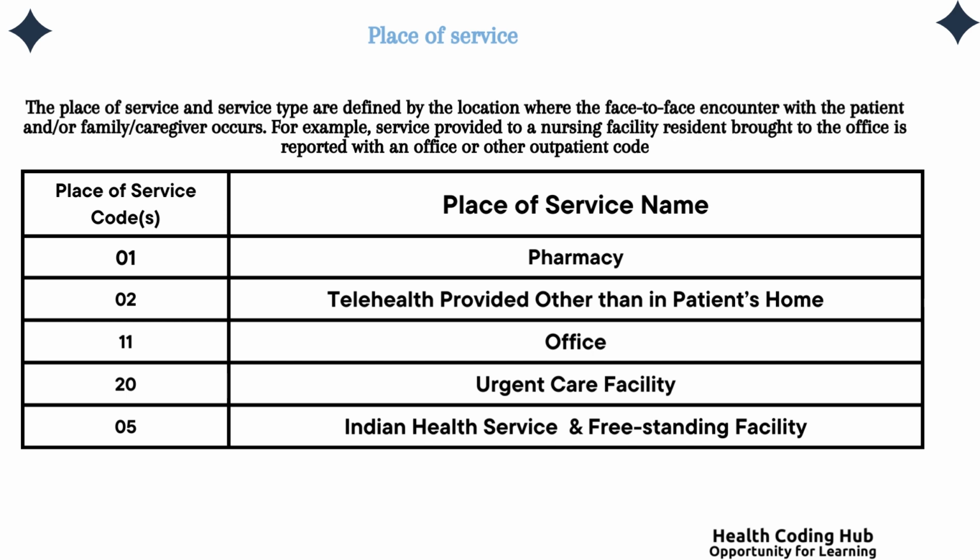It is for Indian Health Service freestanding facility, a facility or location owned and operated by the Indian Health Service which provides diagnostic, therapeutic, surgical and non-surgical, and rehabilitation services to American Indians and Alaska Natives who do not require hospitalization.